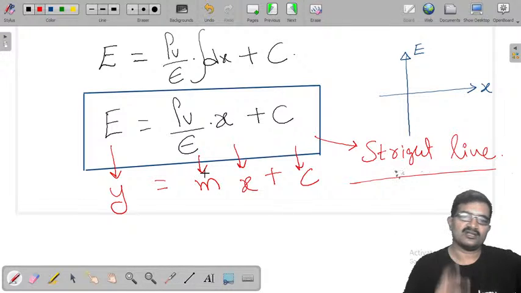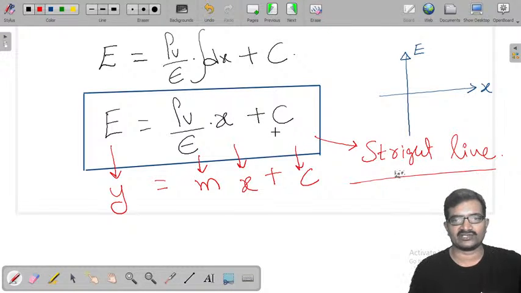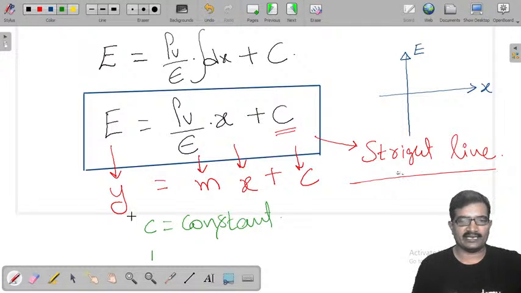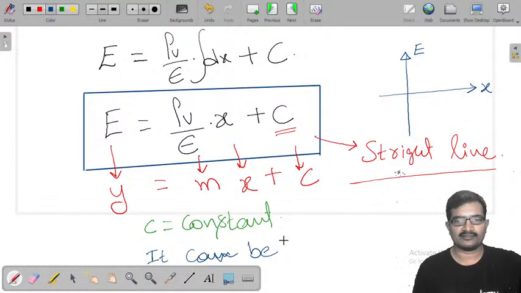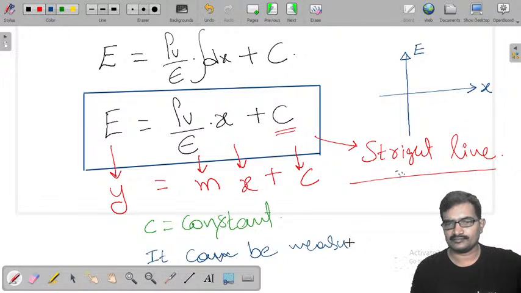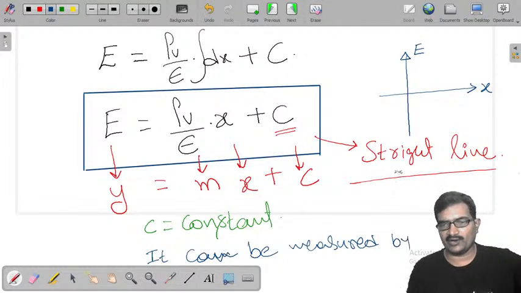Now C is a constant here. You get the value of C by applying boundary conditions. C is a constant, and it can be measured by applying boundary conditions.